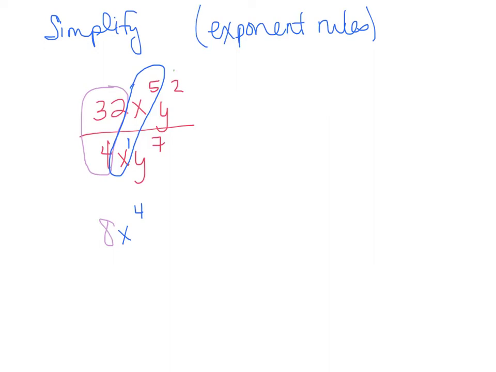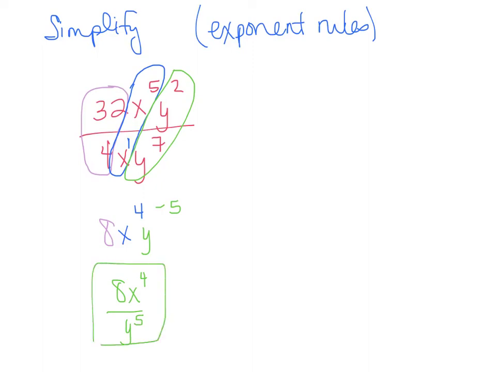And then we're going to look at our y's. If we follow our exponent rules, that gives us y to the negative 5th, because we got 2 minus 7. But can we have a negative exponent? No, we can't. So we take that negative exponent and we move that term to the bottom. So y goes to the bottom. So that's simplifying rational expressions.